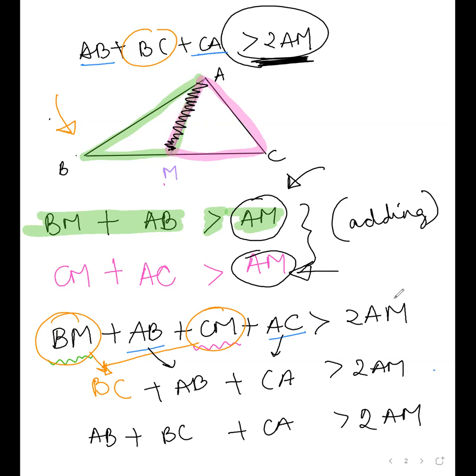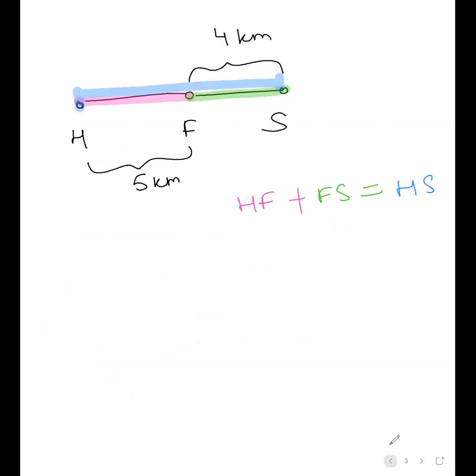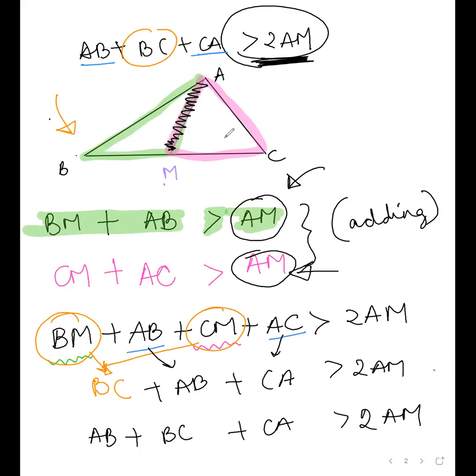AM plus AM. Over here it is AC plus BD, so two different triangles. Here also two different triangles, but they have one side in common, which is AM. In the first one it was ABM, in the second one it was ACM. We figured that out by ourselves. The hint we were getting from the question was that your triangle should have AM in it.